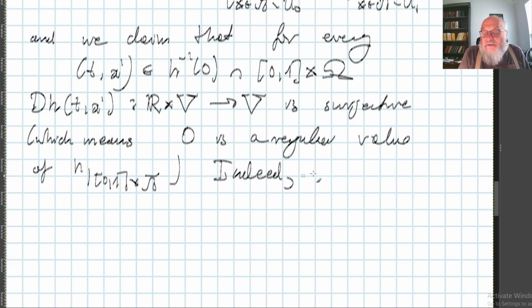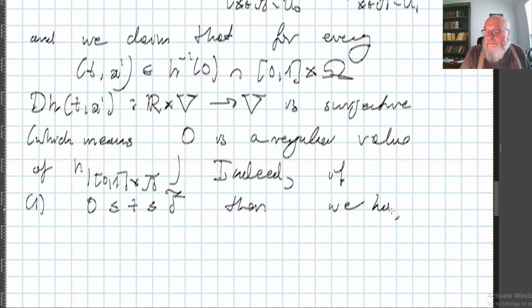we have three cases. Start with case number 1: if 0 is smaller than t smaller than delta tilde, then x prime must belong exactly to U0. Why?